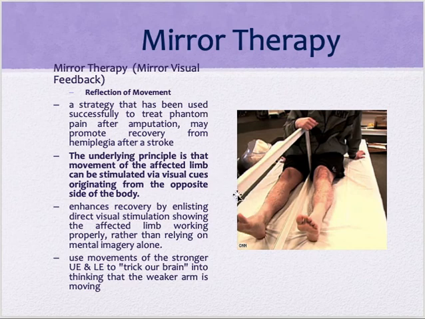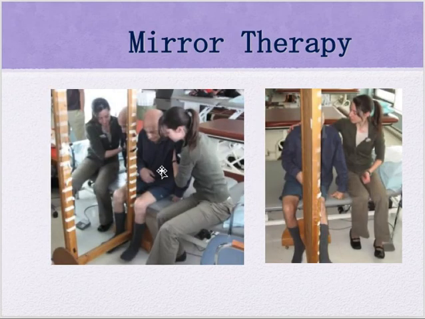You can see they use movements of a stronger upper or lower limb to trick our brain into thinking that the weaker arm is moving. So this is again mirror therapy, in which the person can see the same leg in the mirror.